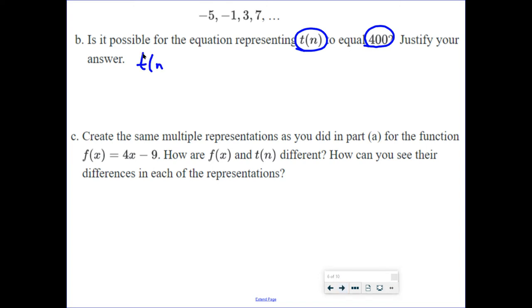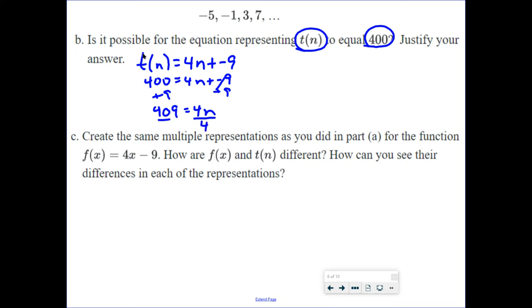Okay, so my equation was t of n equals 4n plus negative 9. So if I replace t of n with 400, I get 400 equals 4n plus negative 9. I add 9 to both sides, and I get 409 equals 4n. Now, honestly, at this point I could stop because I noticed this is an odd number.